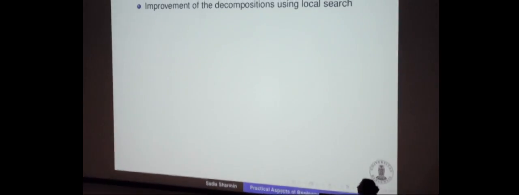So here is our computation. We try heuristics to find different Boolean decompositions and test their efficiency or performance. So what we do? We generate a greedy Boolean decomposition and then try to improve it by research.